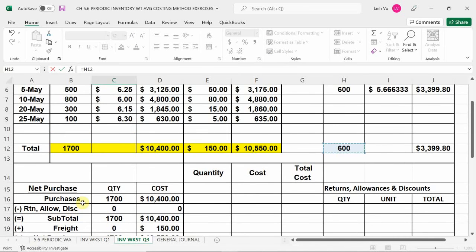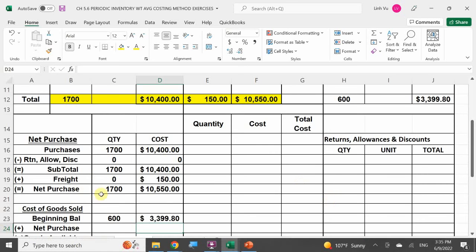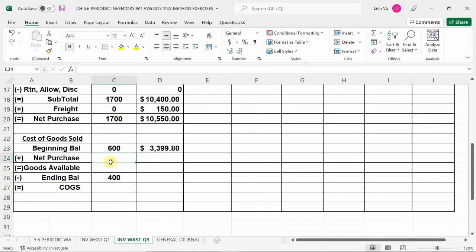We have 600 units at a total cost of $3,399.80. Okay. We're going to carry down my net purchases that I solved from right above. So now we need to figure out my grand total goods available.